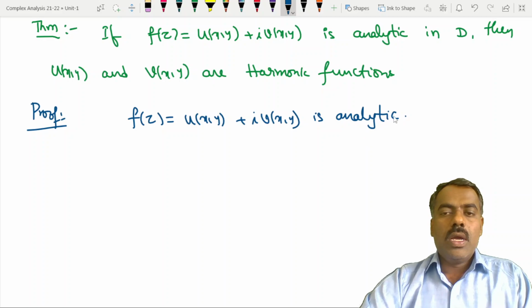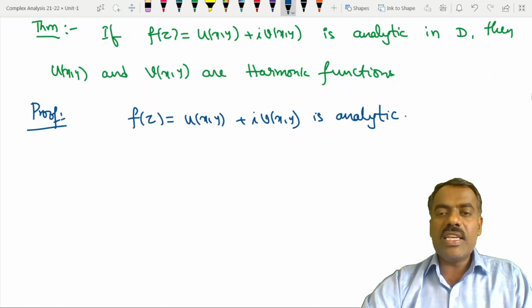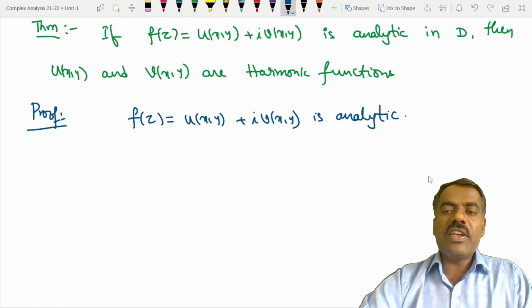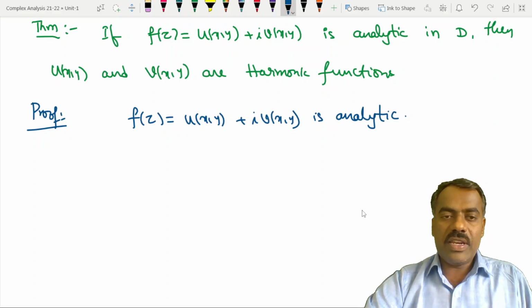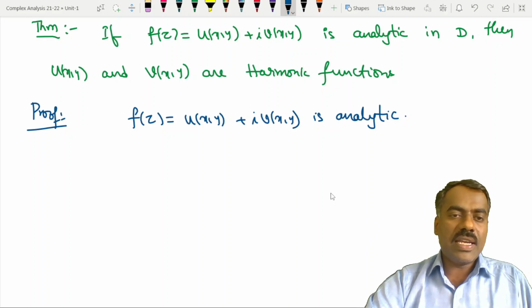Here we use one result which we will prove later, that if a function is analytic, then it is infinitely differentiable. That means it is differentiable of any order and they are obviously continuous.